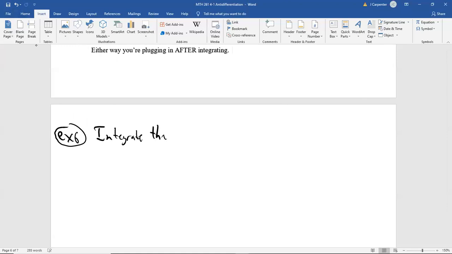Integrate the given function and find the constant of integration.